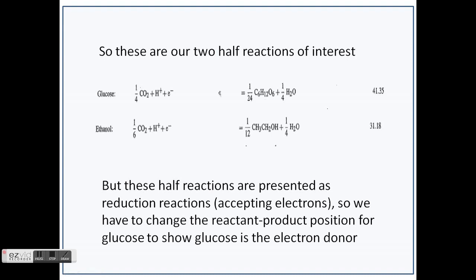For a redox reaction, we need an oxidizing reaction and we need a reduction reaction. With two reduction reactions here, one of them has to be changed to an oxidizing reaction. And like I said, the compound that gives out the electron will be the oxidizing reaction.